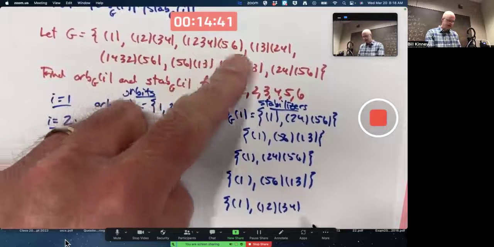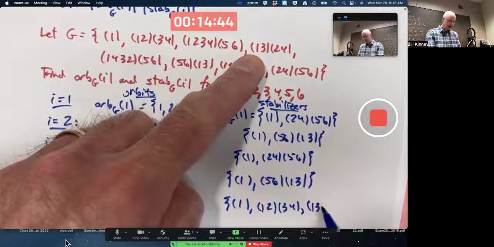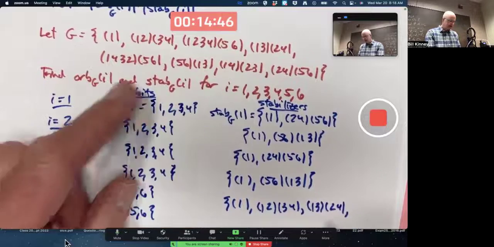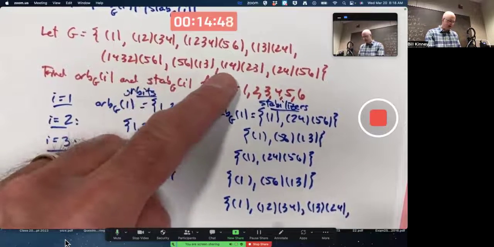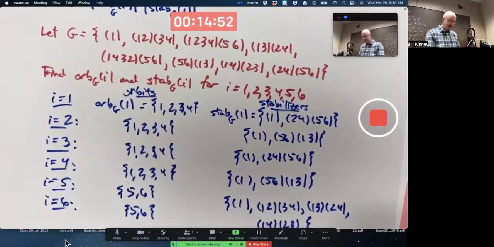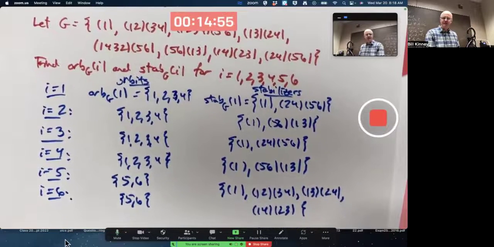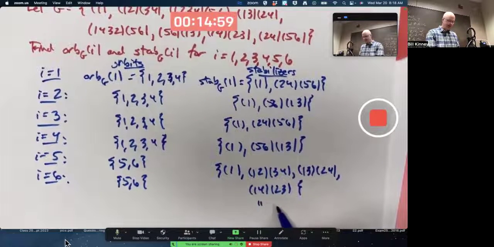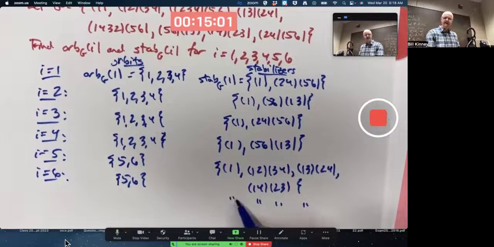Skip that one. Go on to this one. Skip that one, go on to that one. That'll be the stabilizer of 5, and that'll be the same as the stabilizer of 6. I'll just do quotes here to say the stabilizer of 6 is the same thing.